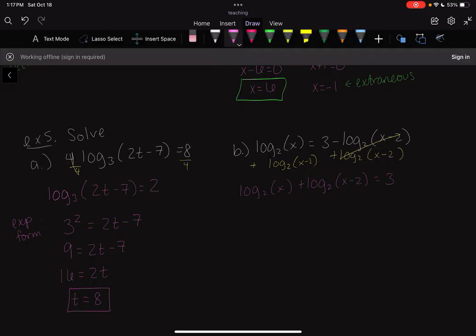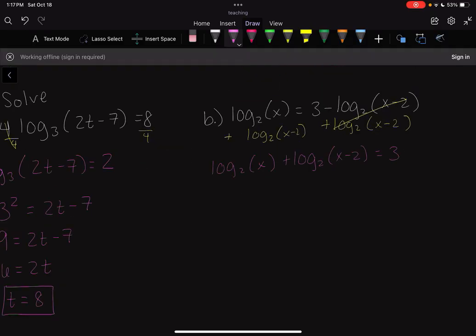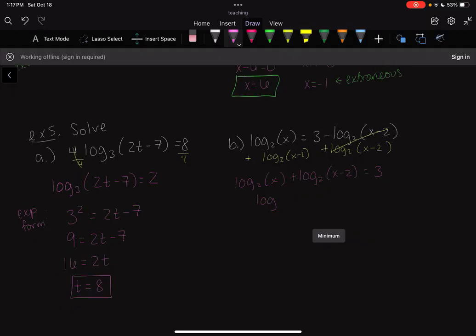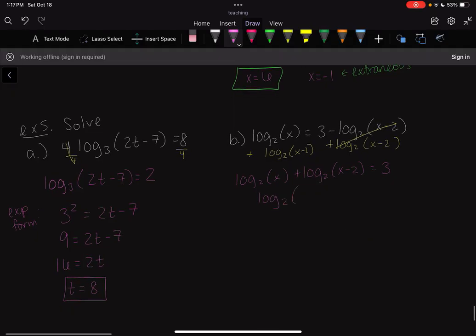So putting my left side together, and at this point, go do it yourself. You can do it. But putting them together, you get log base 2. They're separated by addition, so this is multiplication.